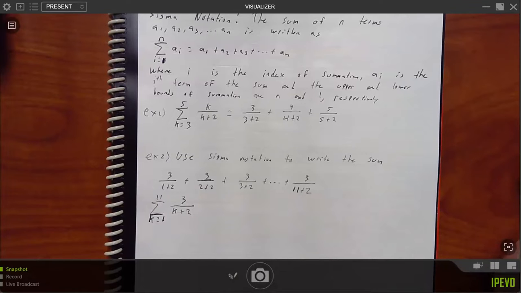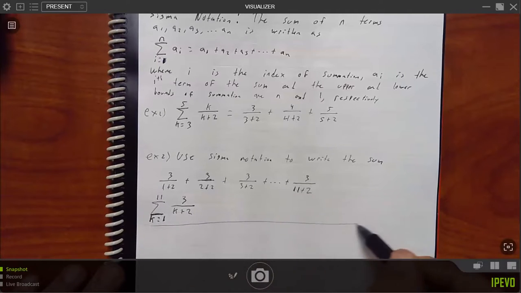Now let me give you some formulas about summations.